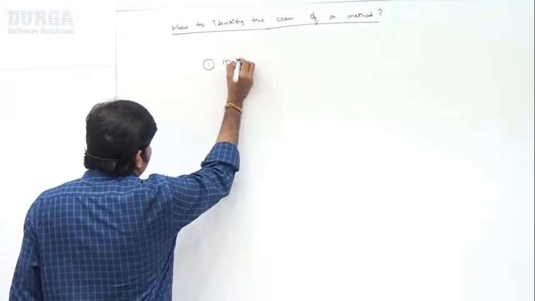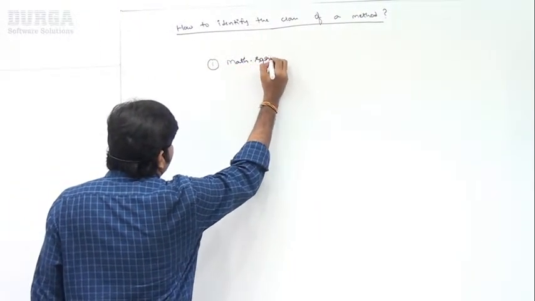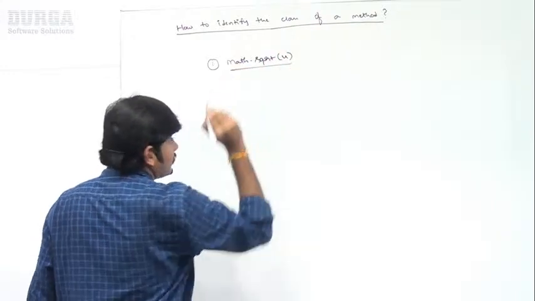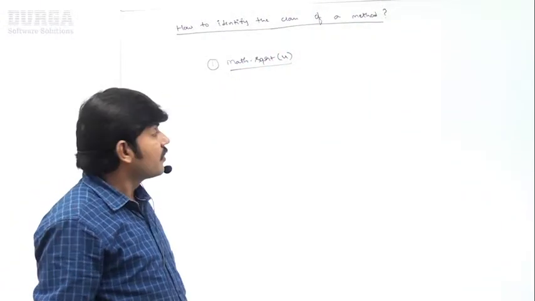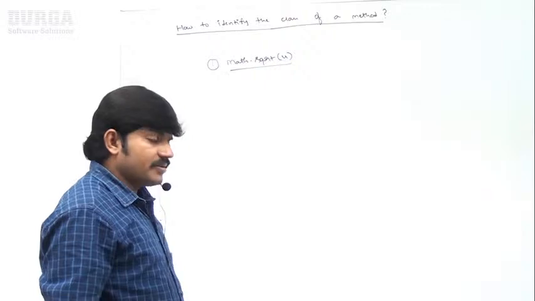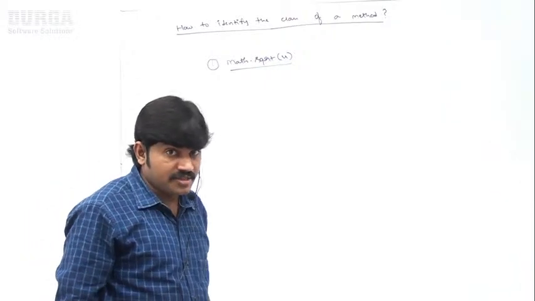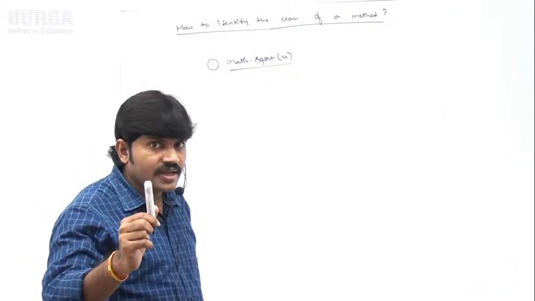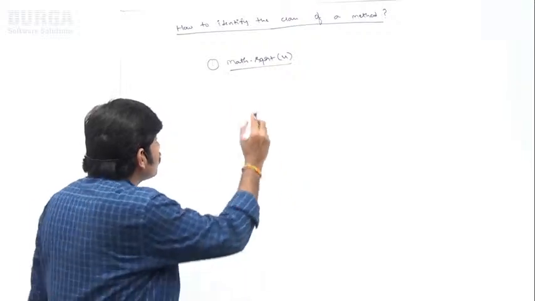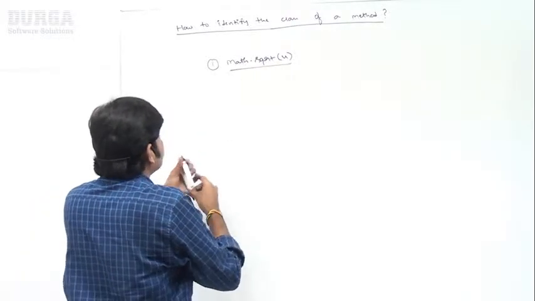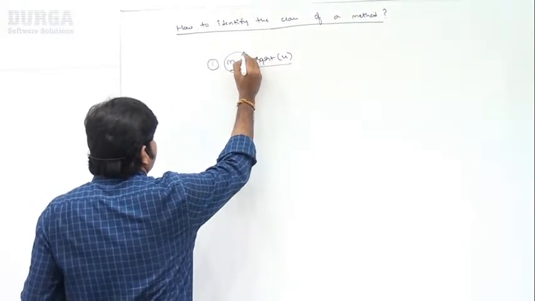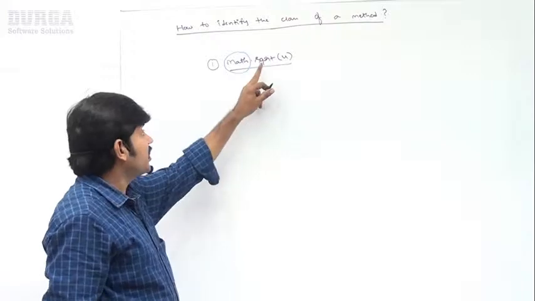Sir, I'm calling Math.sqrt of 4. Observe that, Math.sqrt of 4. Sir, is the sqrt method a static method or an instance method? Static method, because we are calling it by using what? Class name. Math is a class present inside the java.lang package, right? Sir, static method.